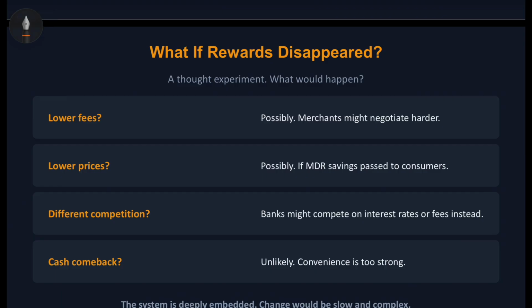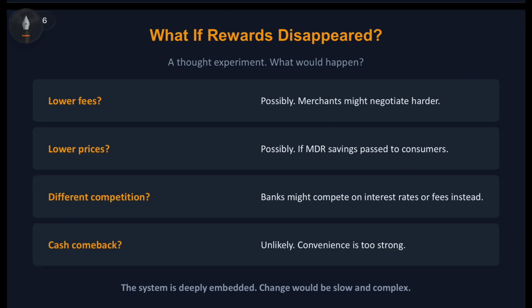So what if rewards disappear, right? Let's just think about it. Would there be lower fees? Possibly, because merchants might negotiate harder. Why? Because you don't have to create a very big pool to buy rewards, right? So merchants would negotiate just to reduce their share.